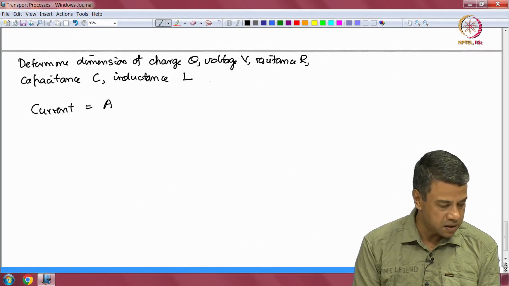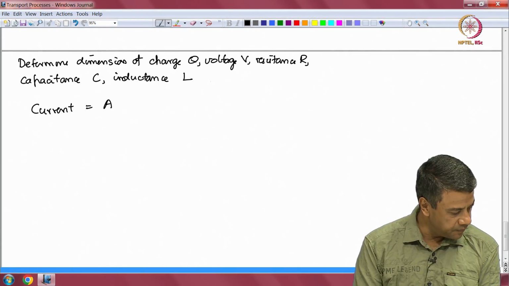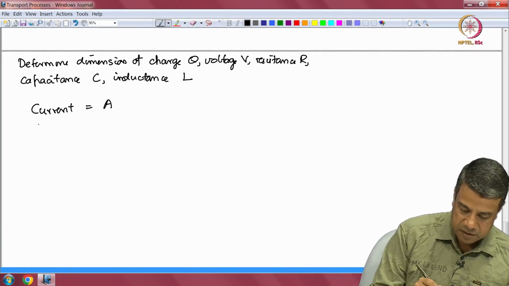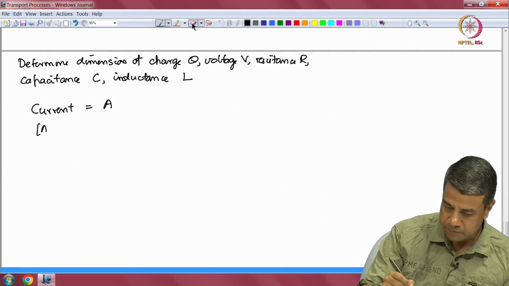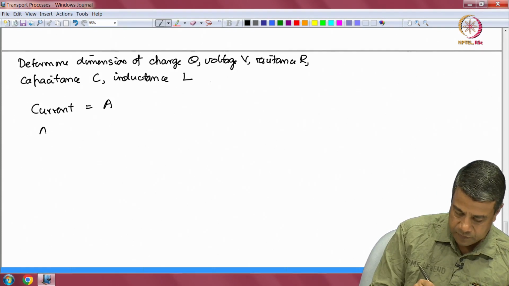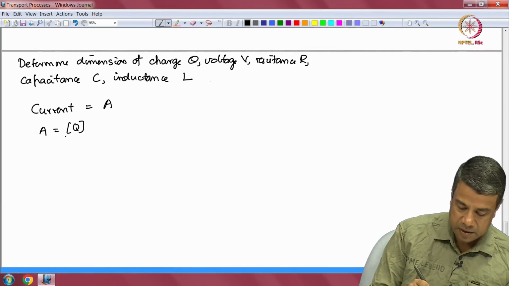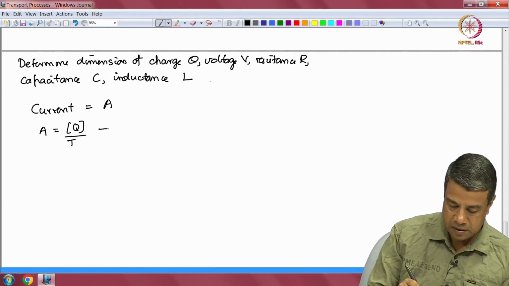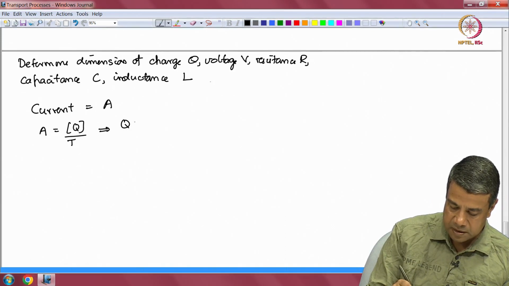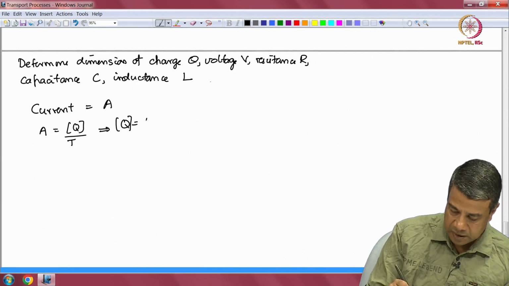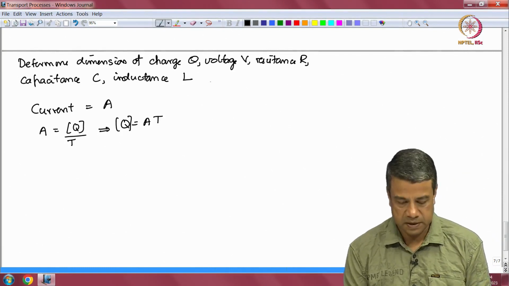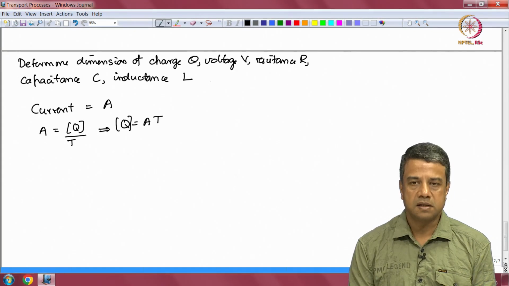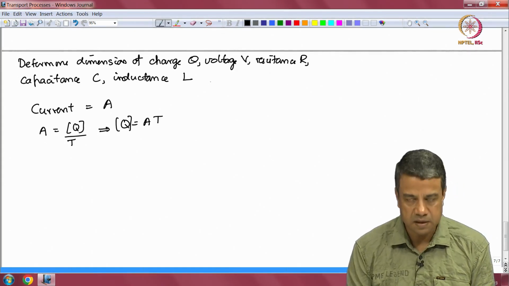Therefore, the dimension of current, which is ampere, has to have the dimension of charge transported divided by the dimension of time, which means that the charge has dimension of ampere into time. A into t is the dimension of charge. So, knowing that current is charge transported per unit time, I can determine the dimension of charge.